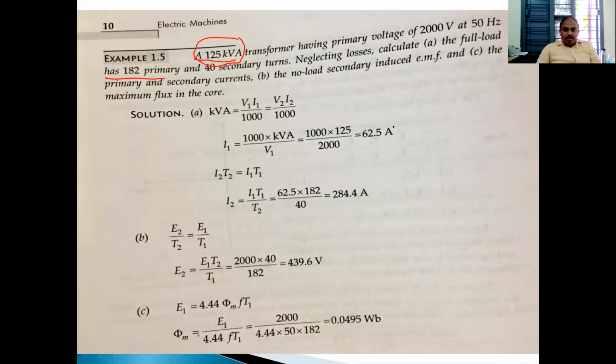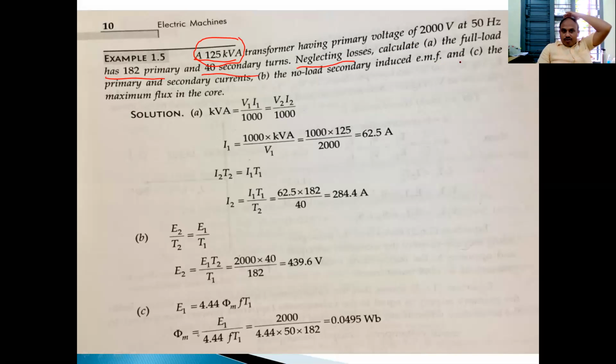So that means T1 equals 182 and T2 equals 40. Neglecting the losses: if you neglect the loss in the transformer, primary volt amperes equal secondary volt amperes, or primary ampere turns equal secondary ampere turns. Primary kVA equals secondary kVA.